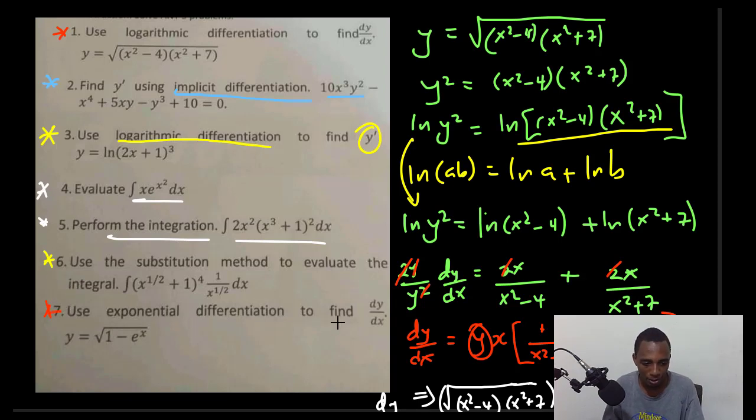Use exponential differentiation to find dy/dx. The function is y equals the square root of 1 minus e to the x.